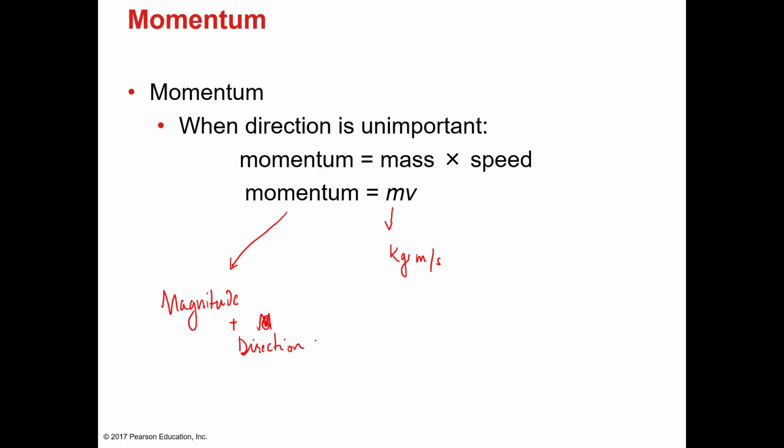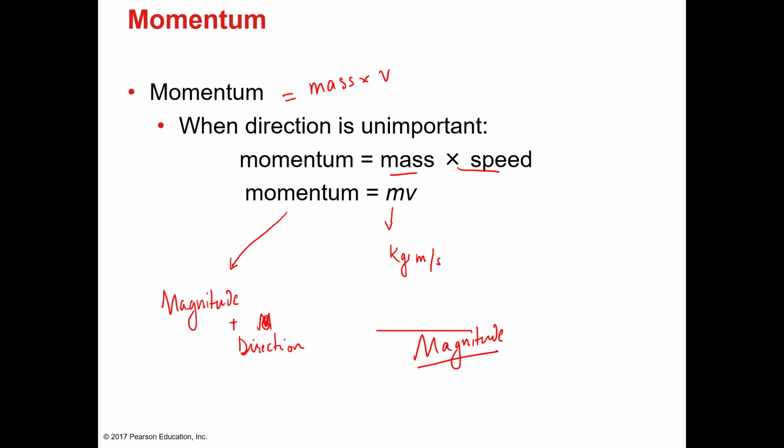Now, sometimes we don't need to worry about the direction, we only need to know the magnitude. In that case, we can just call momentum the product of mass and speed. The actual definition of momentum is the product of mass and velocity.